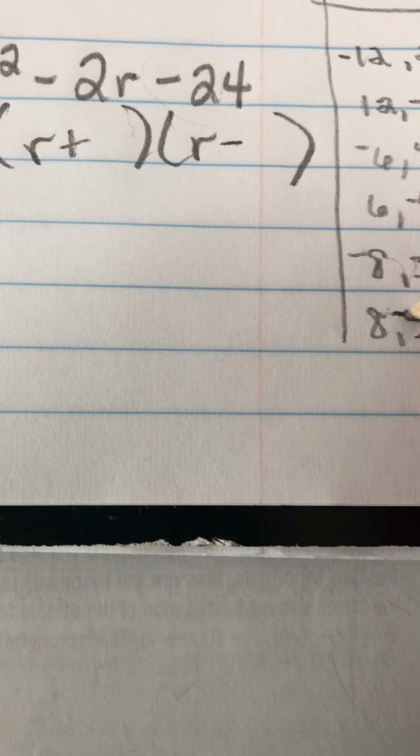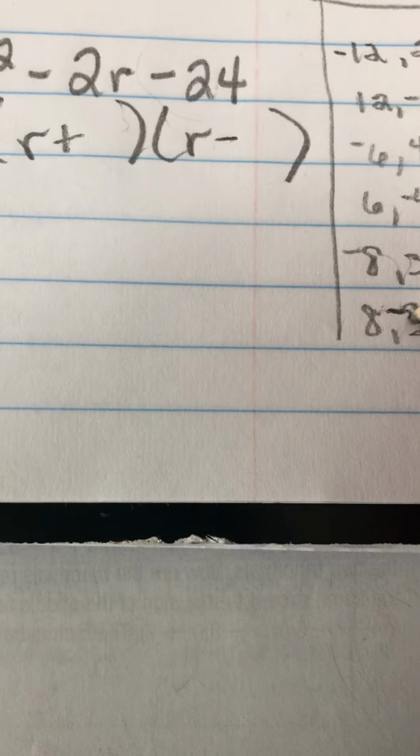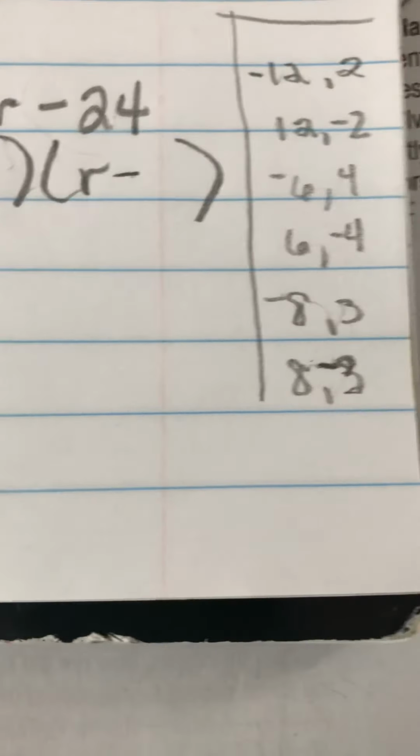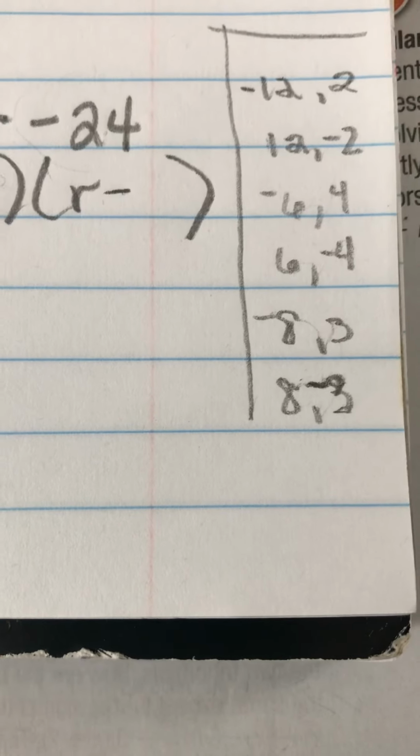Okay, and then as you test them out to see if the addition part would work, you can just cross them off. So here's a bunch of options. I don't even know if it's all of them.